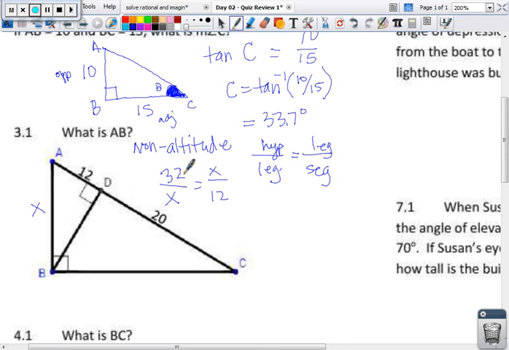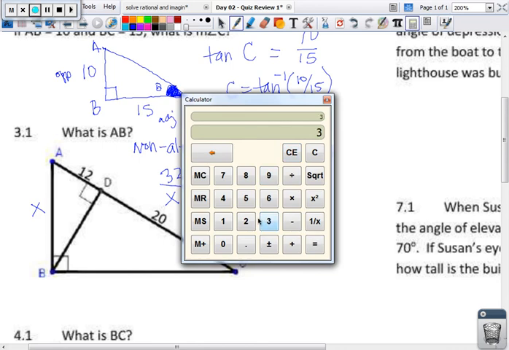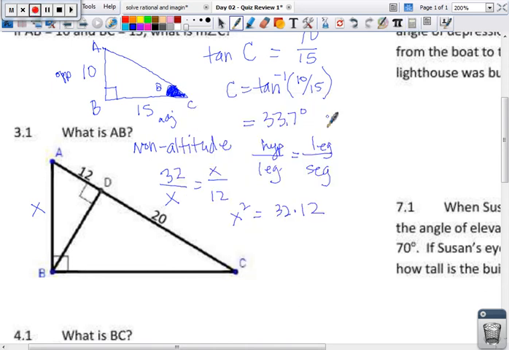So cross multiplying, we have x squared equals the, whoa, not square root yet. Hang on, that's huge. X squared equals 32 times 12. Let's see what that is real quick. 32 times 12 is 384.